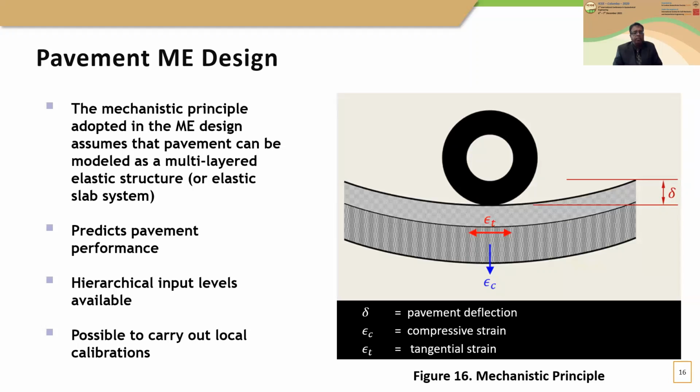The amount and nature of material properties used in ME design are dependent on the hierarchical level. The most important properties include binder viscosity and dynamic modulus of the mixes, that's called E star.